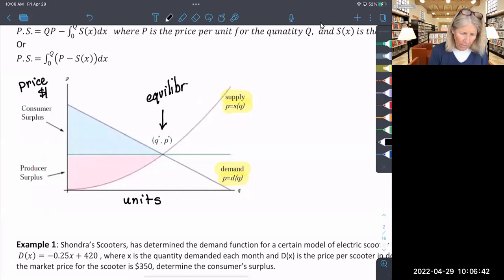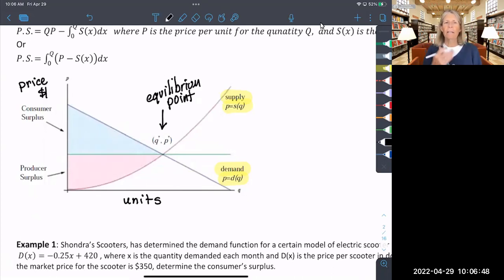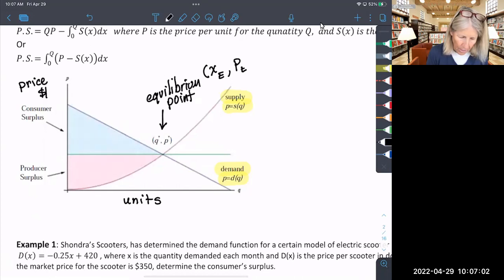We have worked on finding that before, so we know how to get an equilibrium point. It's an ordered pair that gives a quantity and a price at equilibrium. Many times they'll label it X sub E for quantity at equilibrium, and P sub E for price at equilibrium.